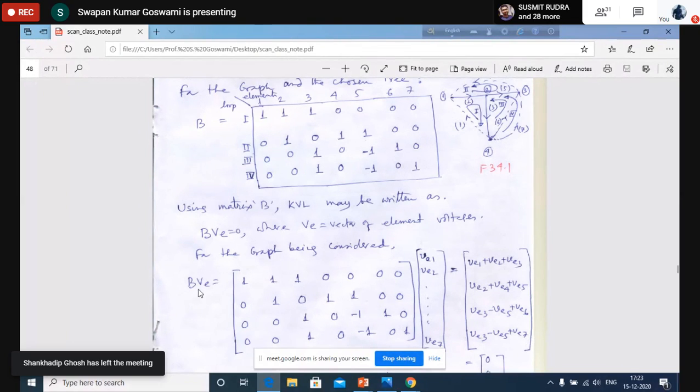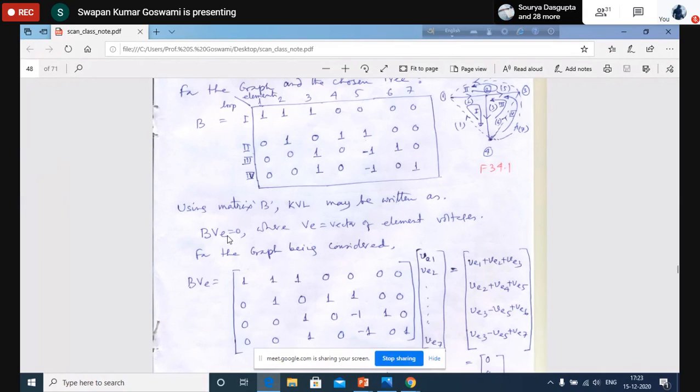That means you see that if you multiply B by VE, the product will give us the expression for Kirchhoff's voltage law, that is, the sum of voltages around the loop, and that should be equal to 0. So if I write B times VE equal to 0, that basically expresses Kirchhoff's voltage law.